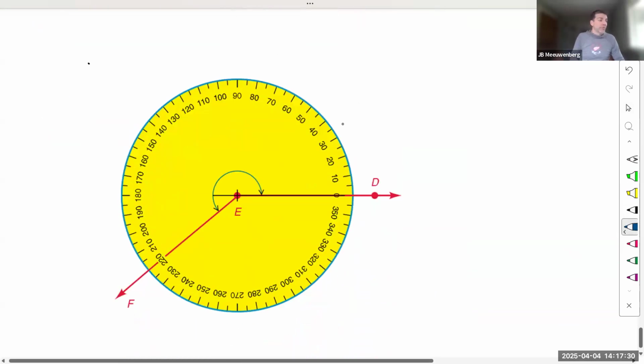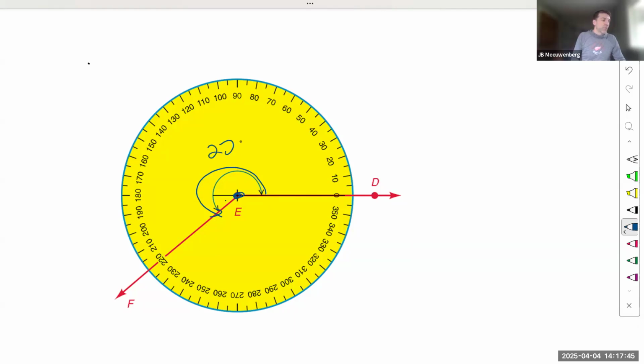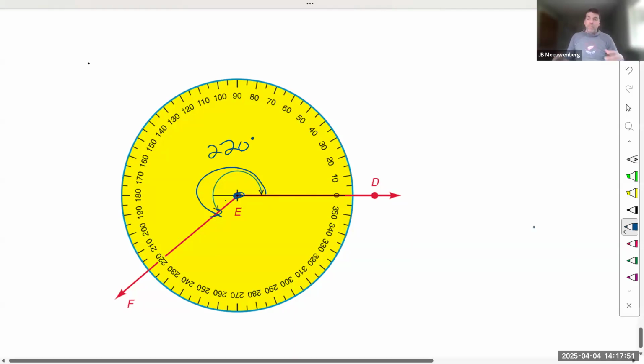But if you have an angle bigger than that, all the way over there, again, you start the same way, and then you line it up, and here it would be 220 degrees, right? So angle DEF is 220 degrees. That's how we measure our circles. Now, I'm sorry, angles. That's how we measure our angles.